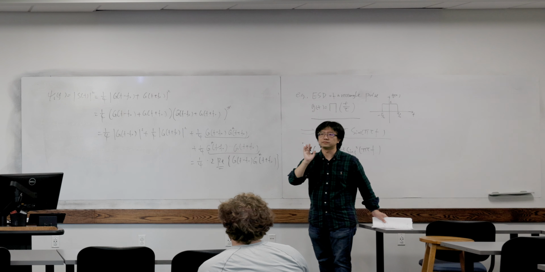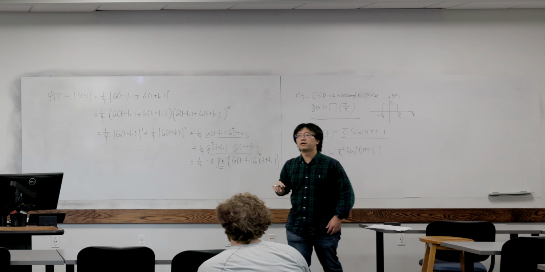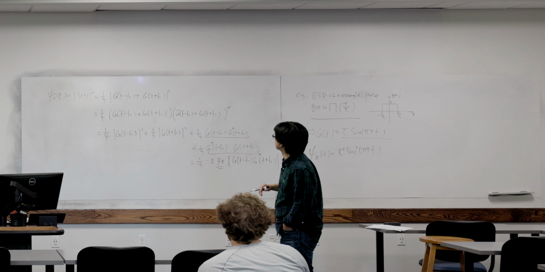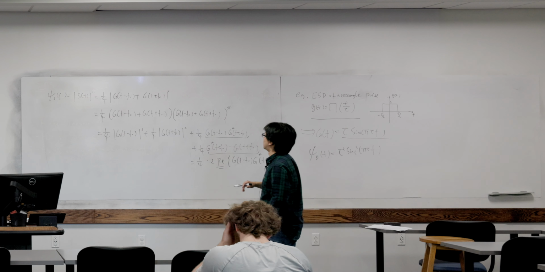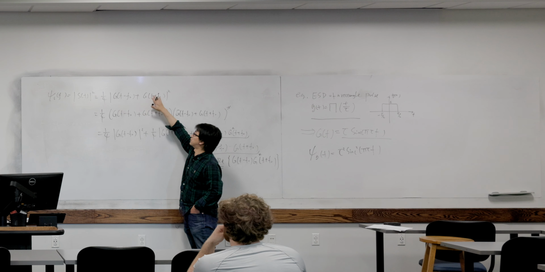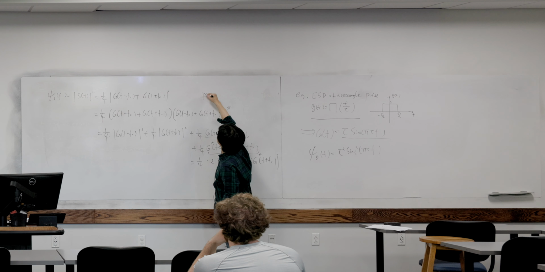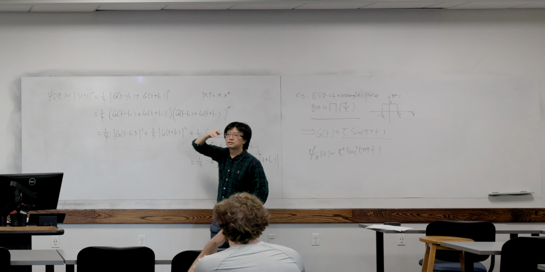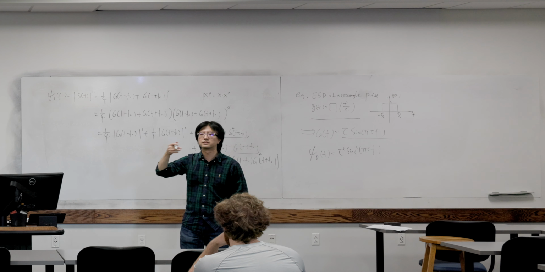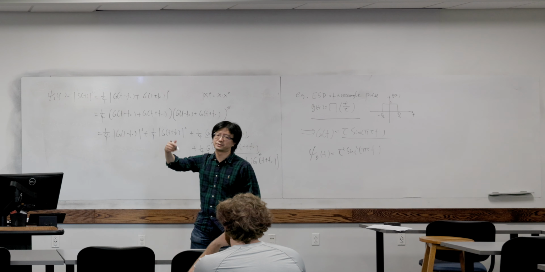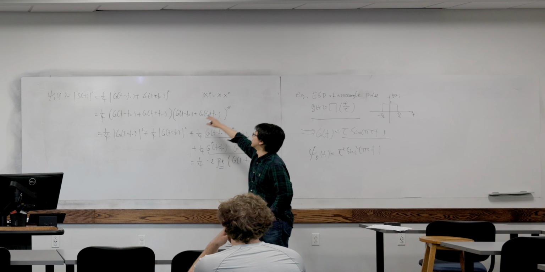Can you explain why you went from squaring the entire term to multiplying it with its conjugate at the top? Oh, you mean how we get from here to here? Yeah. It's the definition, right? This is defined as x times x conjugate. If it's real, then it's just x times itself, but for a complex number it's defined like that.